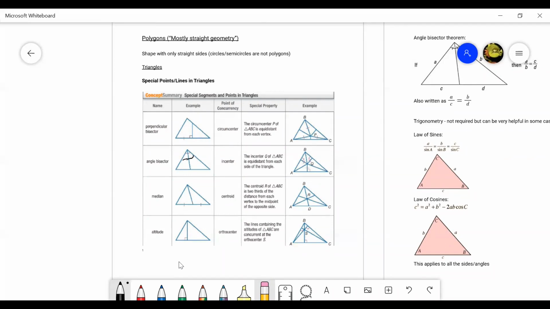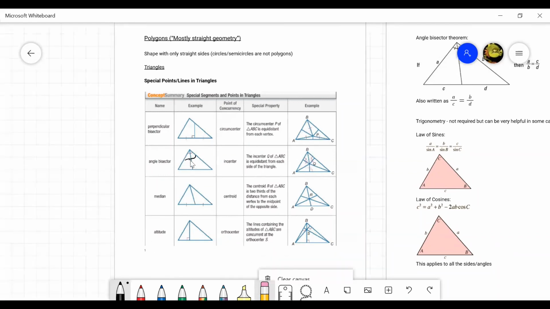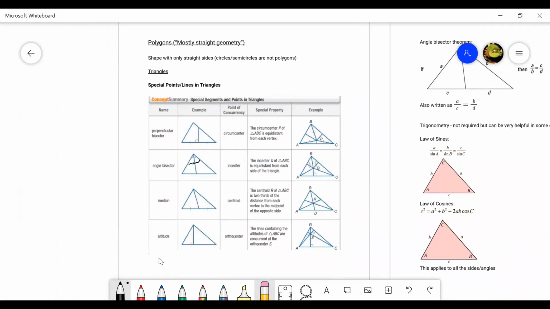This has multiple cool properties, which we'll go into a little bit later. But for now, just know that the intersection of all three angle bisectors of a triangle is at one point, called the incenter. And we talked about this last week. The incenter is the center of the inscribed circle of the triangle.